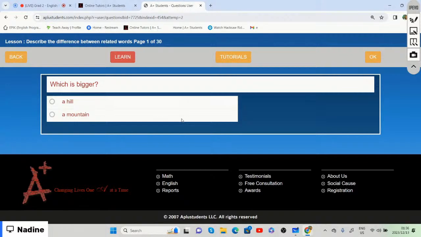All right, so now we're going to have to say which one is bigger. Is it a hill that is bigger or is a mountain much bigger?